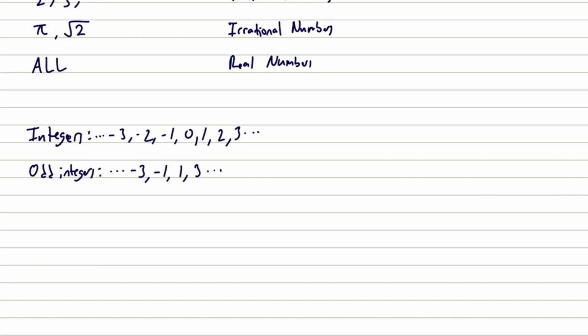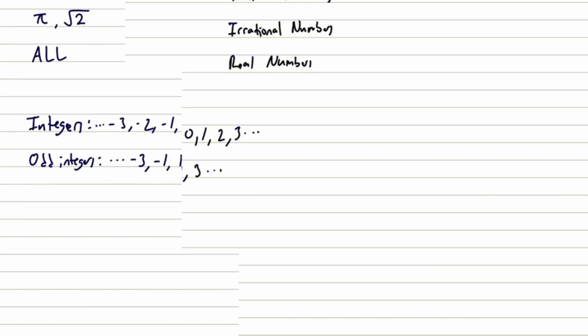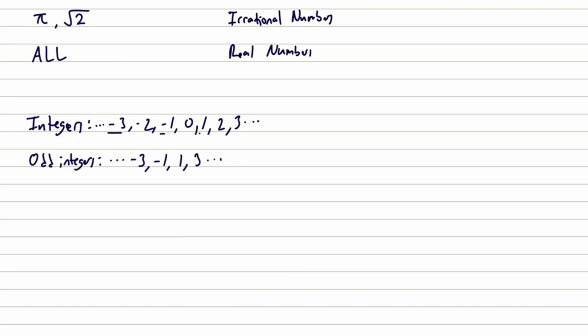This is called a subset. It takes certain elements from the original set, but not all of them. It creates a new set with its own properties. We could even take the even integers instead, and we could have like -4, -2, 0, 2, 4, and so on.